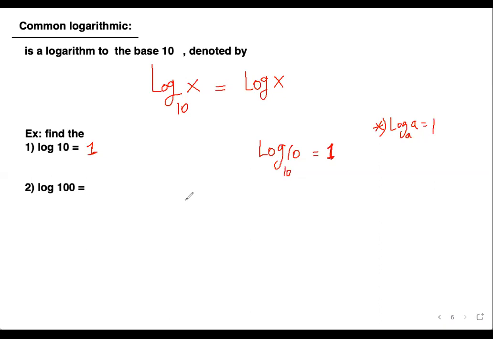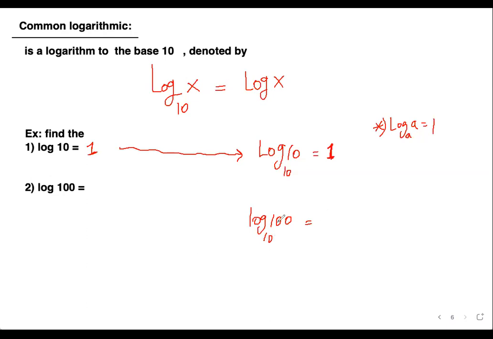So the answer is 1. For the second one, it would be log 100 to the base 10. And then that's going to equal 100?